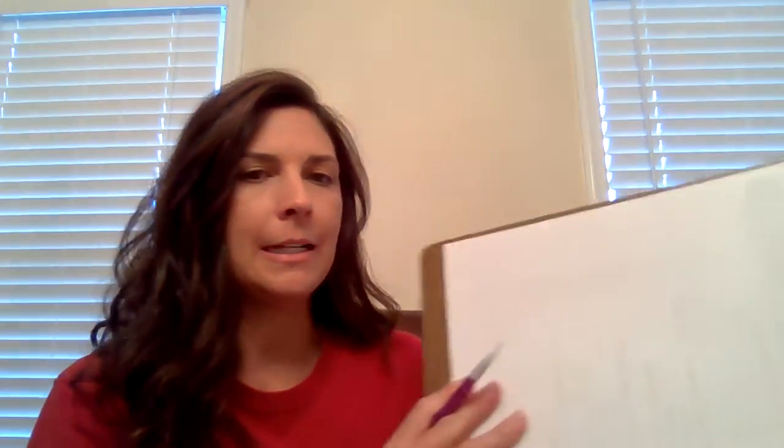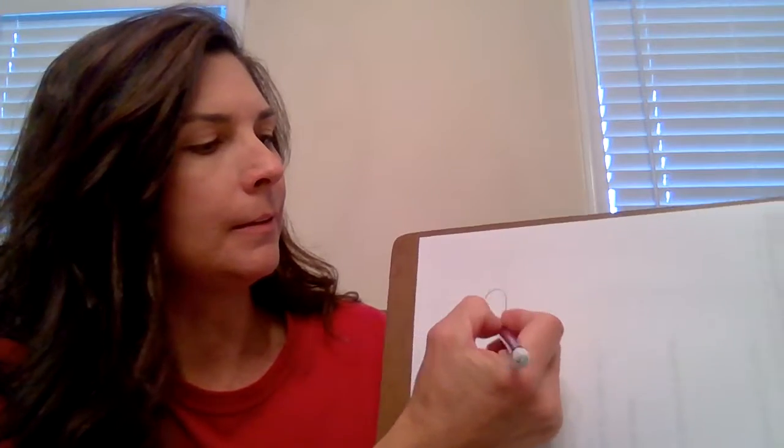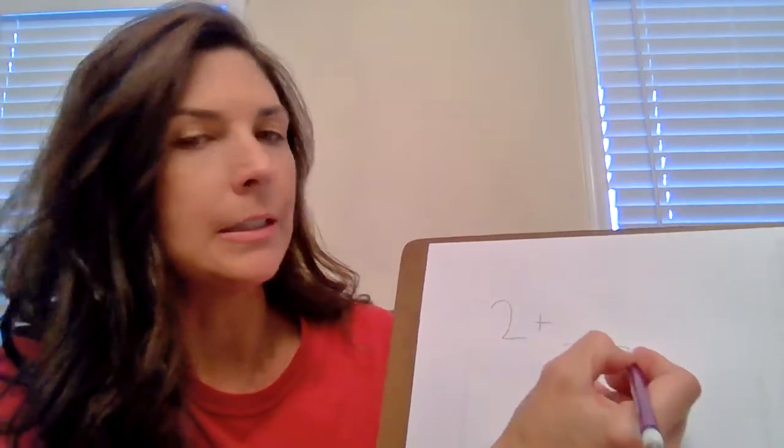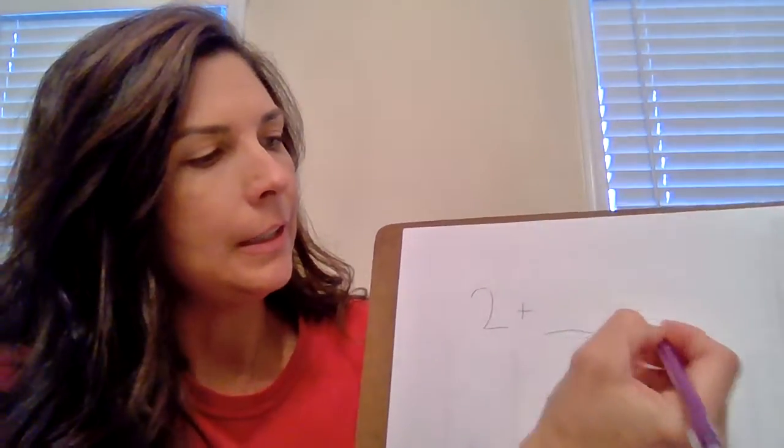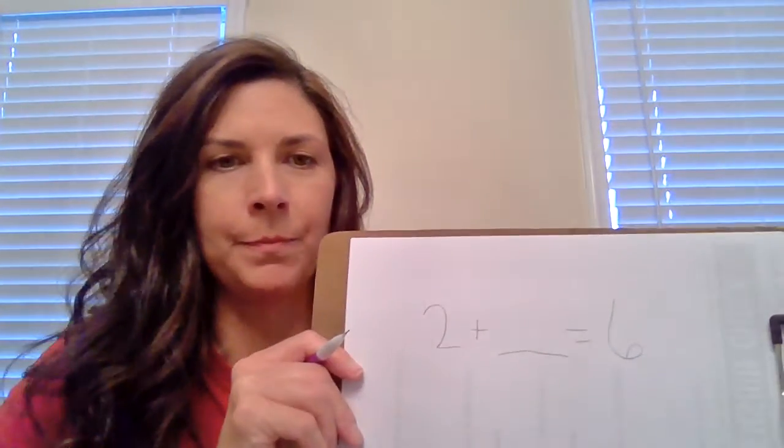The other thing that we're going to be working on is using the counting up strategy to be able to solve math problems that involve missing numbers. So your child might have a math problem that says something like 2 plus something equals 6.